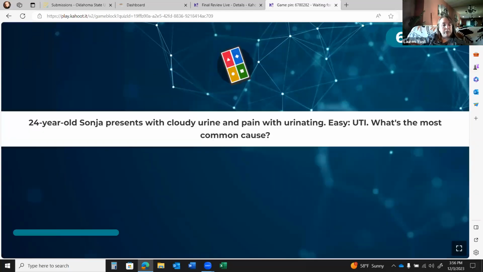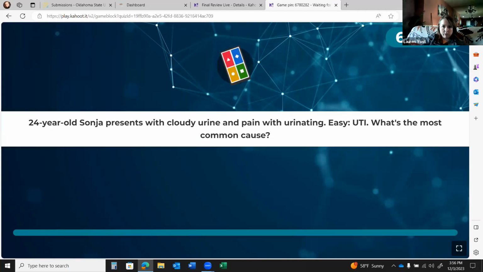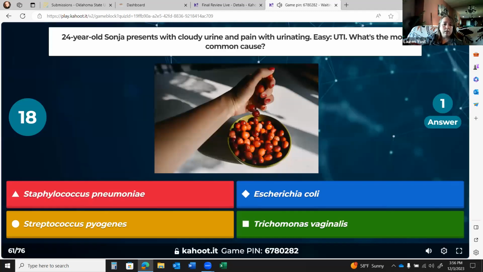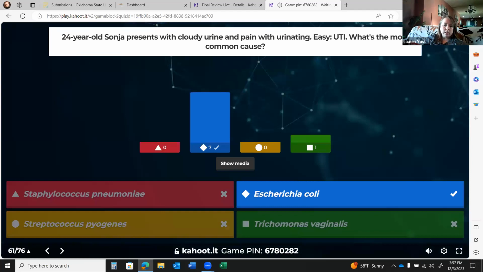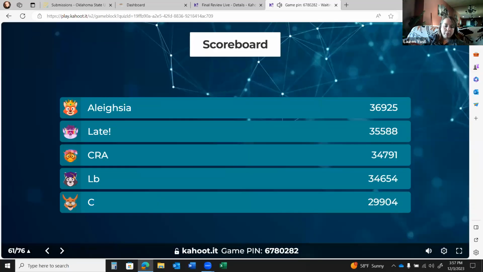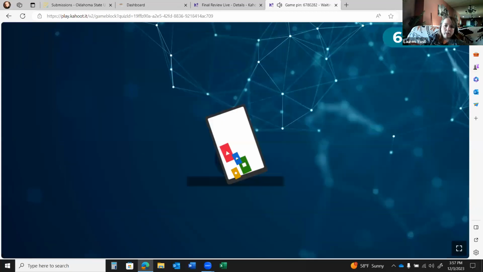Okay, we have a 24-year-old Sonia. She is presenting with cloudy urine and pain urinating. So it's a UTI. What's the most common cause? Yeah, so that's going to be E. coli. About 80% of cases are caused by it. Probably never going to forget that either.